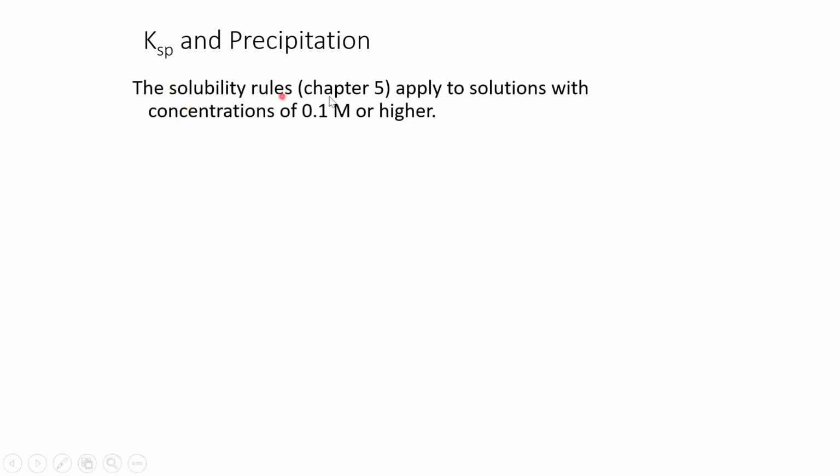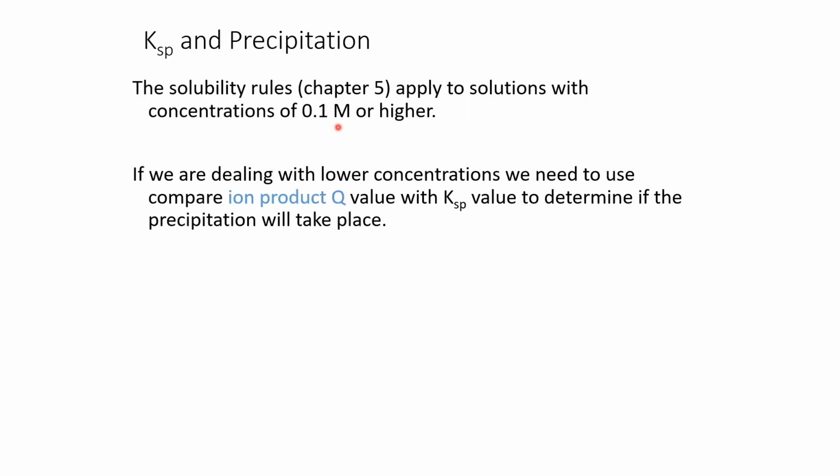Okay, so in chapter 5, way back in Chem 1, you learned about basic solubility rules. Those applied to solutions that are fairly concentrated, 0.1 molar or higher. But now we're dealing with really low concentrations. The numbers we've been dealing with have very small exponents.